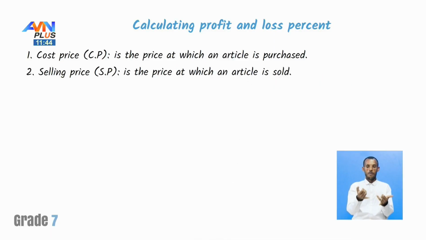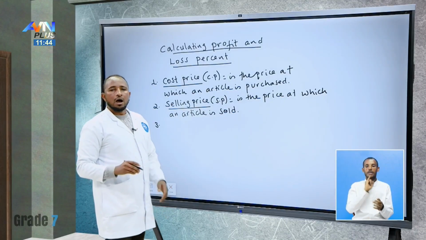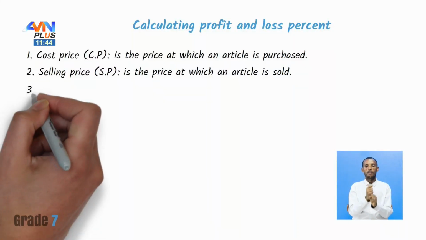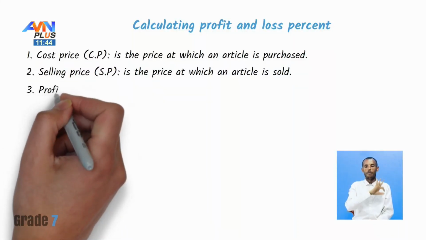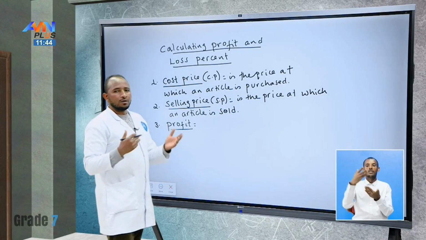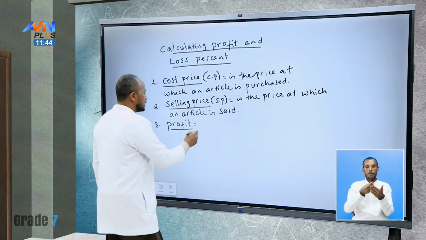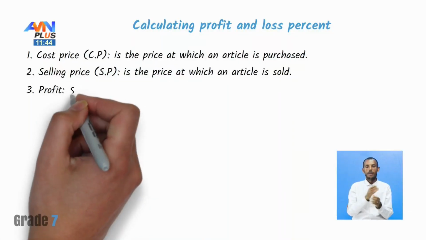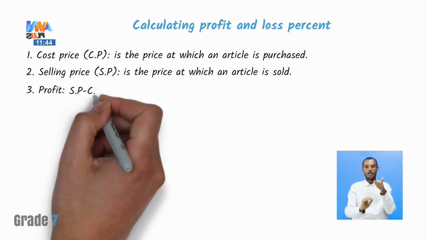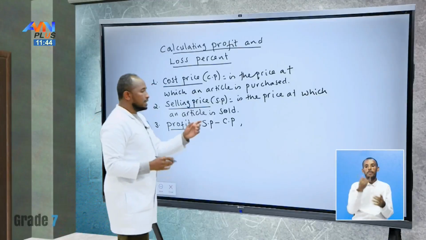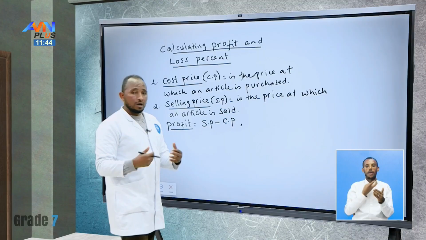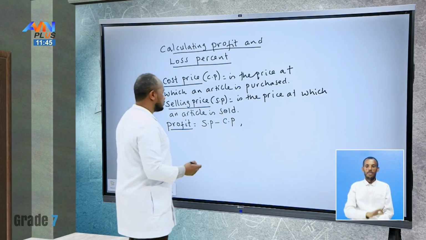Now, the third concept is how do we calculate profit? Simply, profit is the difference between selling price and cost price. So you can calculate profit as selling price minus cost price. If the selling price is bigger than the cost price, then we will have a profit.